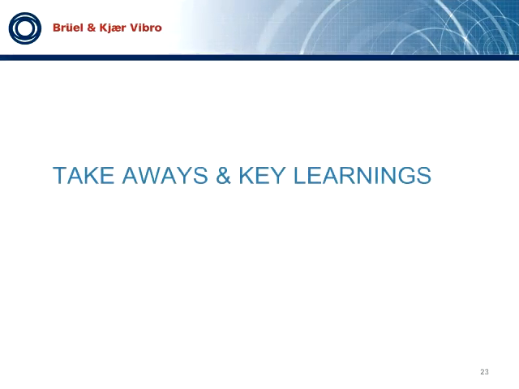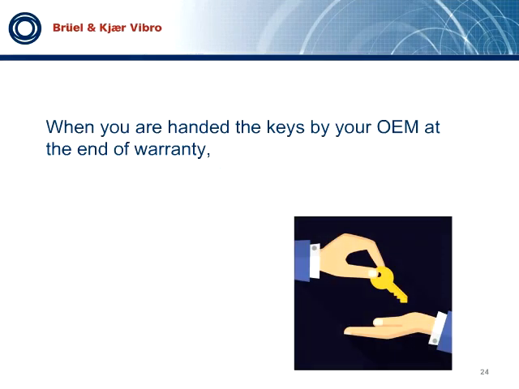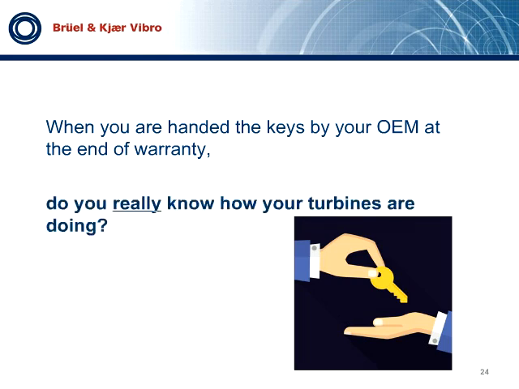So let's talk a little bit about takeaways and key learnings here. Many warranty periods are only 2 years. During these 2 years, the responsibility of the turbine performance is held by the OEM. So when these 2 years are up and you're handed the keys to the turbine and all the responsibility is yours, how much do you really know about your turbine?